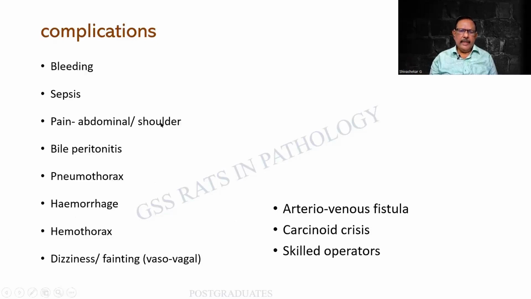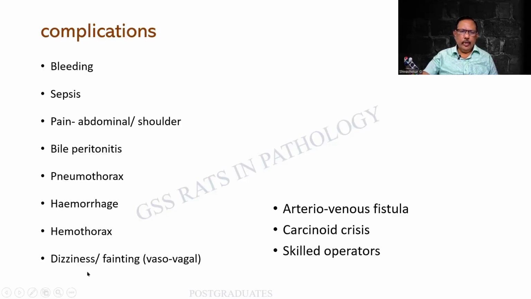The complications again in an aspiration or a biopsy can be bleeding, sepsis, pain referred to the shoulder. Bile peritonitis. Bile is a very powerful enzyme, and when it is spilled, it is going to cause a chemical peritonitis. Pneumothorax, avoid the lungs.